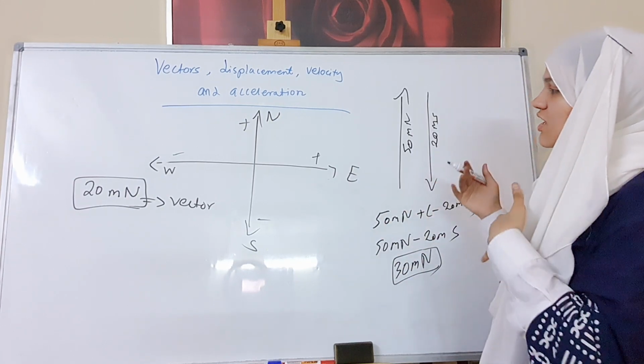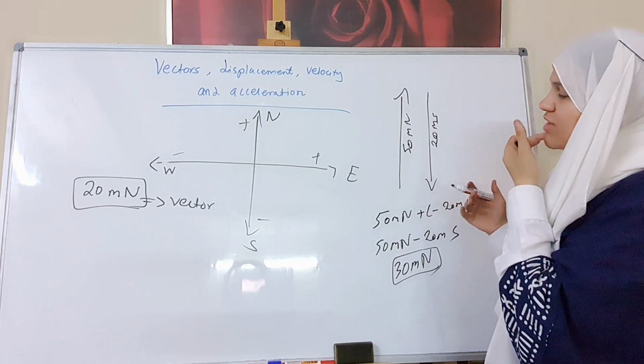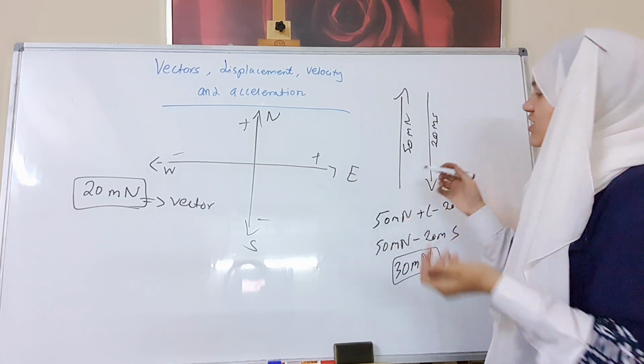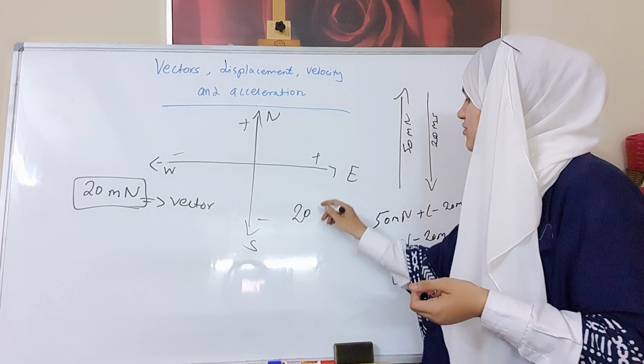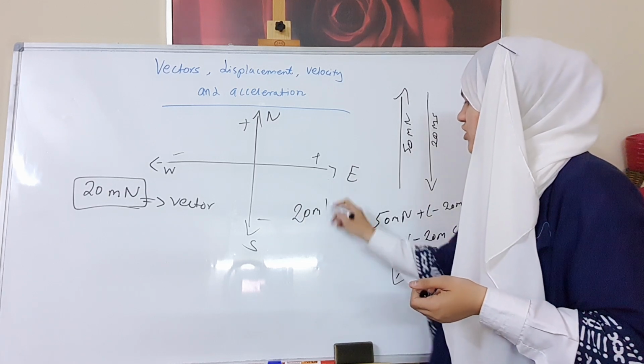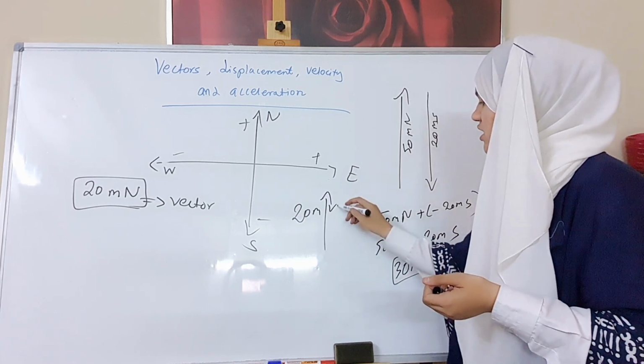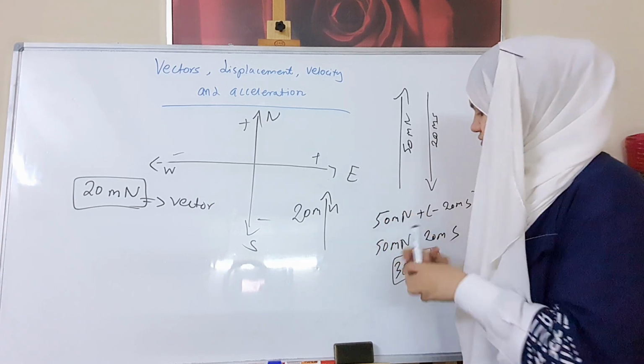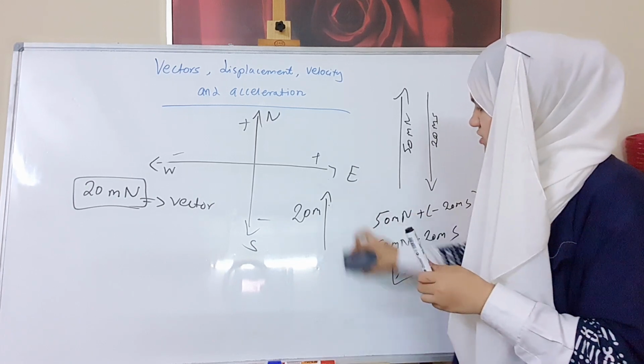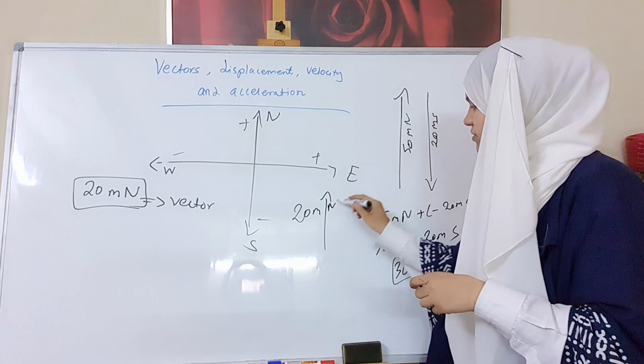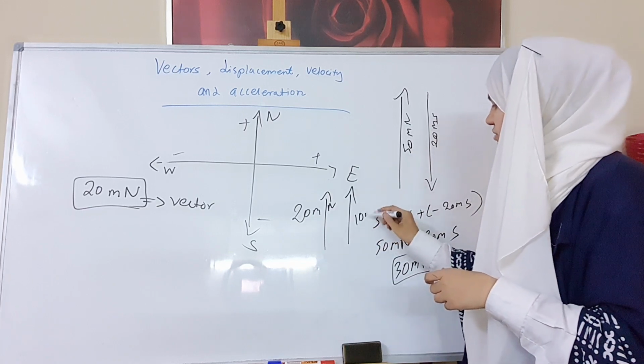But what about adding vectors in the same direction? For example, here we have 20 meter north, and the same thing here, we have 10 meter north.